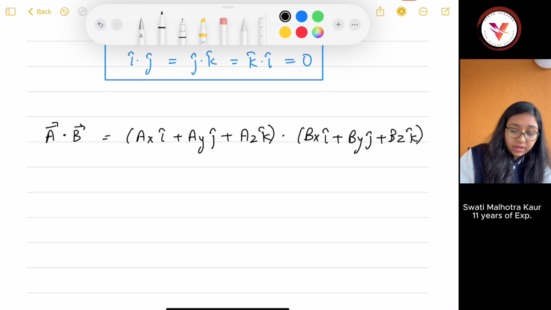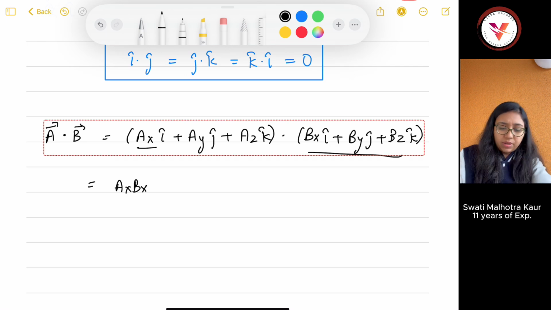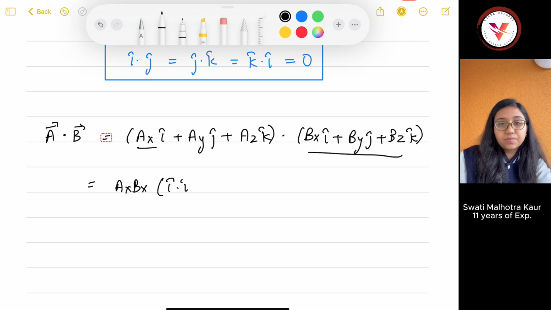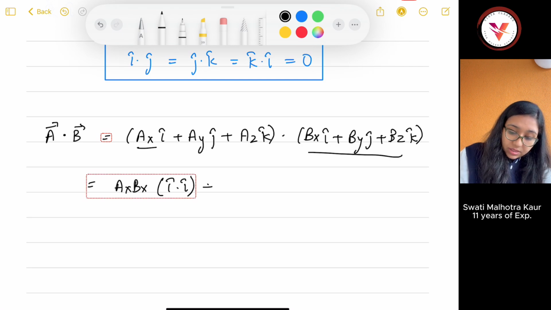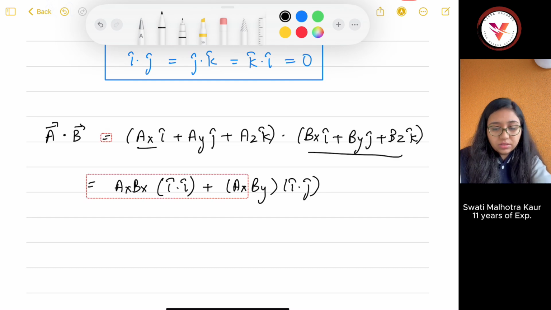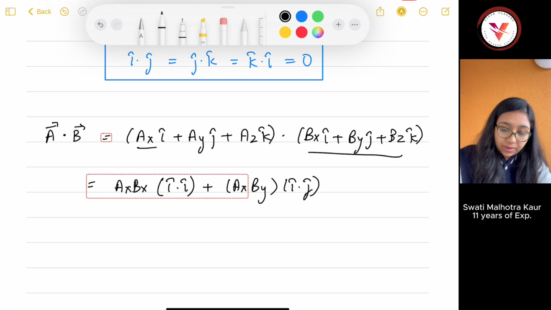Just multiply everything. So you'll get AX BX, which are the scalars, you can take them out, and I cap dot I cap, because they are the vectors. Then plus, it's simply the distributive property, AX BY I cap dot j cap. What I'm doing is taking the scalars out and combining the unit vectors I j k cap.